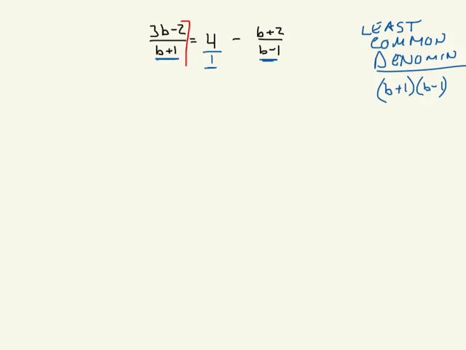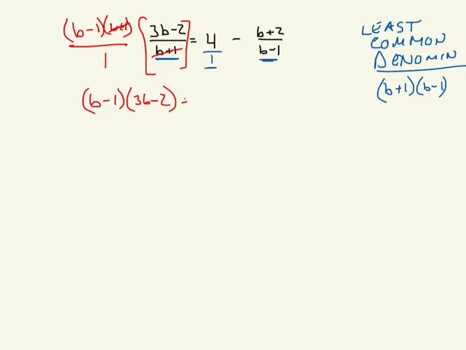All right, and we'll do it the same way we did last time. We'll take this, we'll go b minus 1, we'll go b plus 1. We'll make sure we understand that we're multiplying by that as a numerator, and that's going to cancel off there and leave us with a b minus 1 and a 3b minus 2. That's what we have left on our left side.